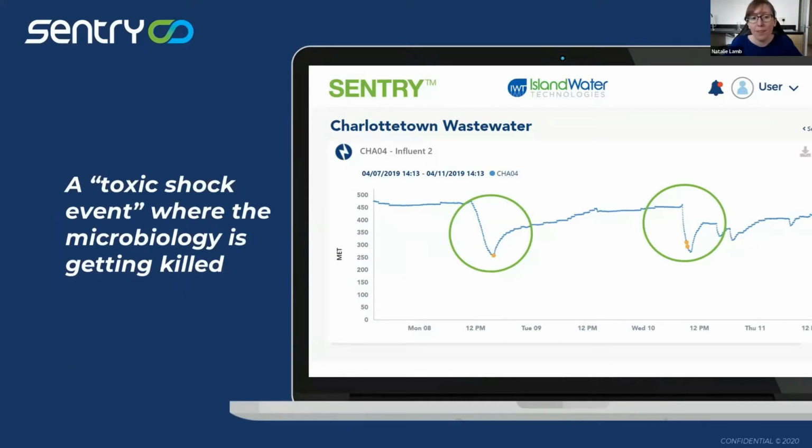What would have happened then is maybe you've got a company like, just as an example, Coca-Cola or a paper manufacturing company, and they've put something down the drain that is then killing off these microorganisms in the treatment works that are supposed to be there to help digest the sewage. That's a big problem. But the operators would know about it, because this SENTRY device is saying, look, this is going on.